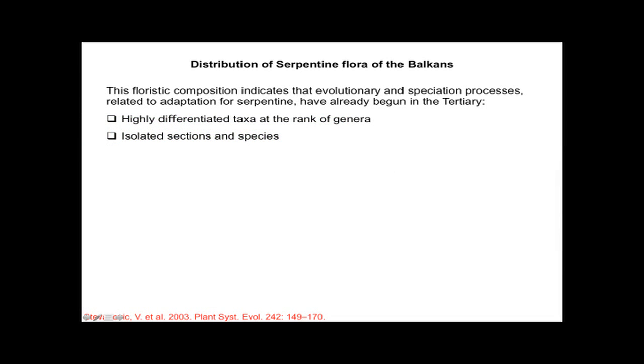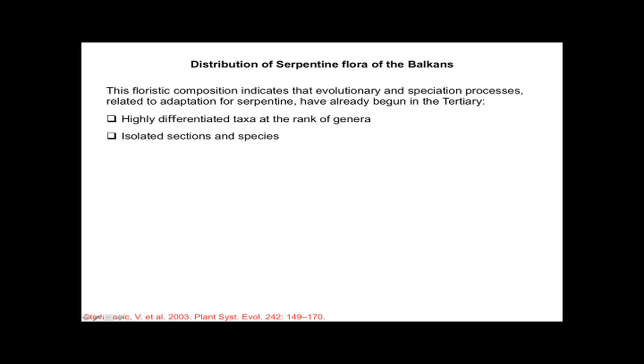The floristic composition of the Balkans indicates that the evolution and speciation process started from the Tertiary, so it has a lot of Tertiary relict species. This is indicated by the highly differentiated taxa at the rank of genera. It has endemic genera as endemic taxa.